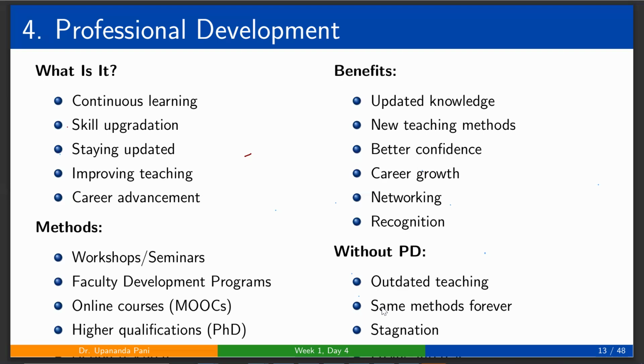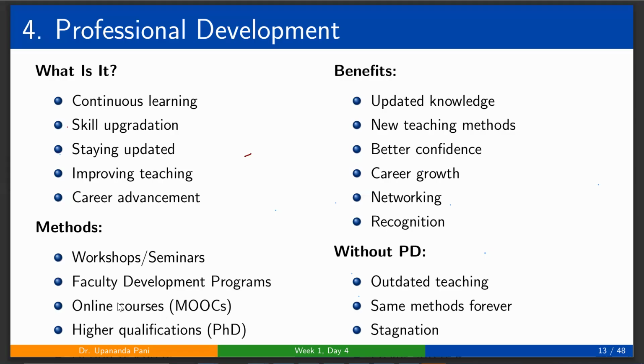Then career advancement. I should always go for a better or higher target, and think about how I can advance my career. So what are those methods? Workshops, seminars I should attend, faculty development programs, online courses, MOOCs, and higher qualifications, PhD.